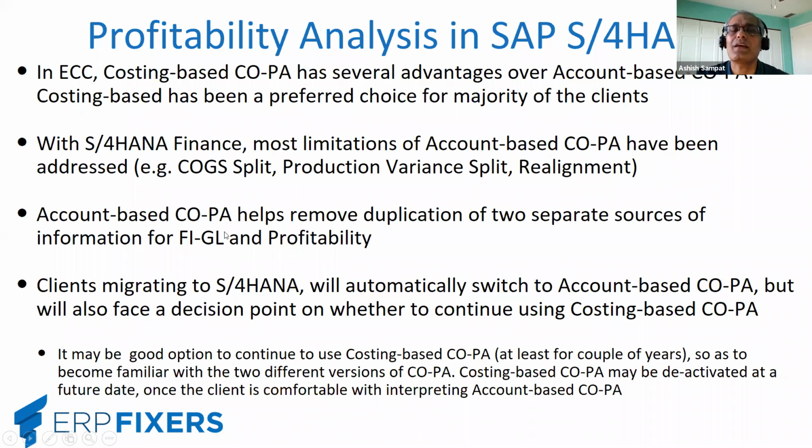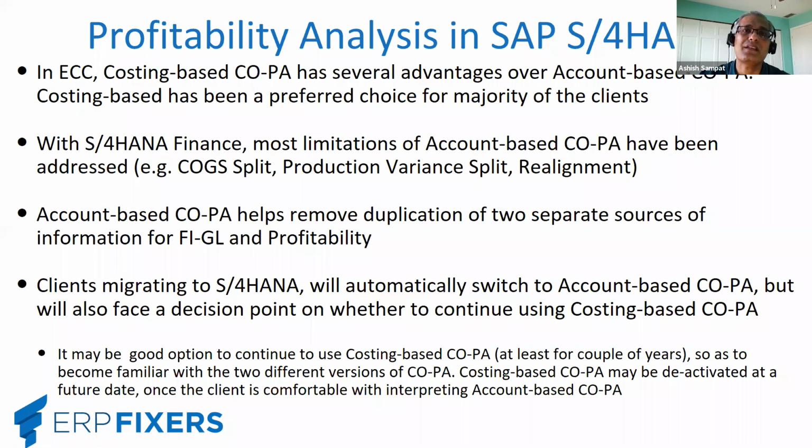That's the main idea. So then now comes the question, what if you are already on ECC, want to migrate to S4 HANA, you are currently using costing based, what do you do to use account based COPA? So when you're doing a switch over, account based is automatically added. Now you are at a decision point. Do I activate costing based or not? Now there are various approaches to this.